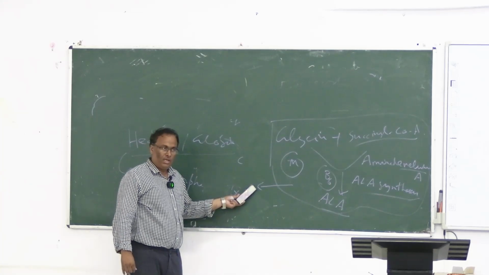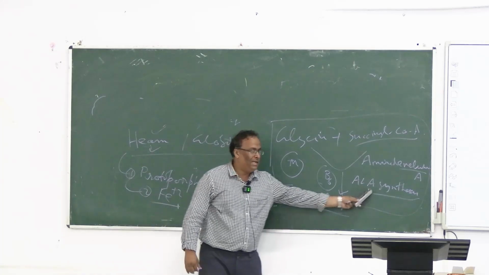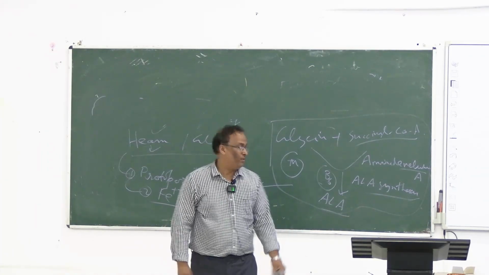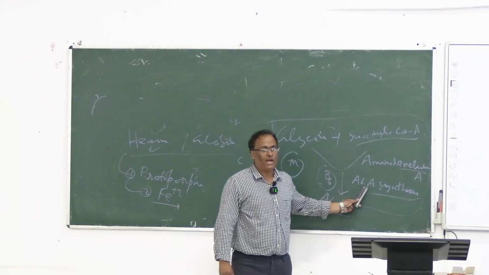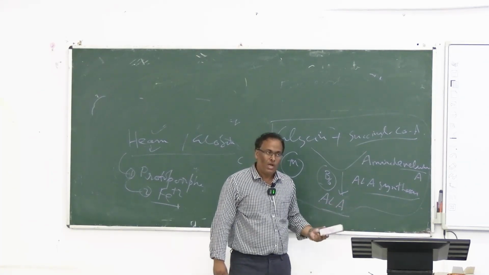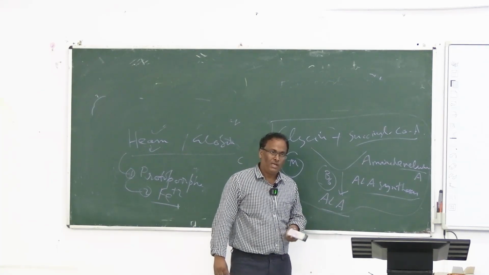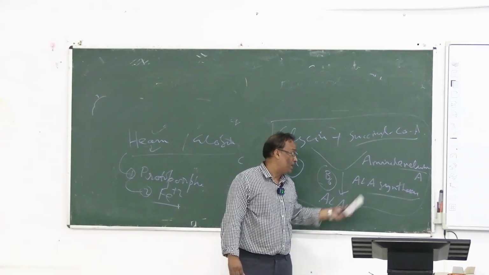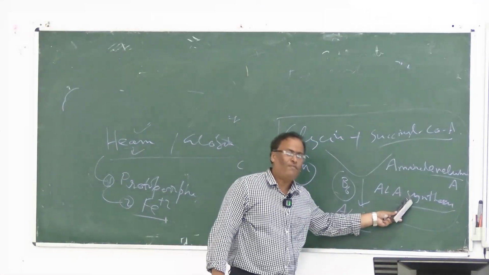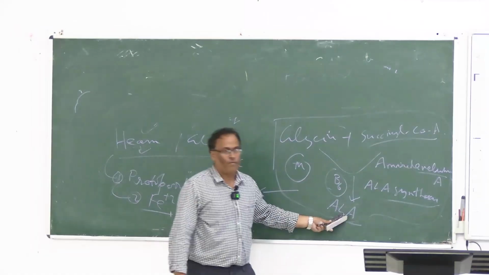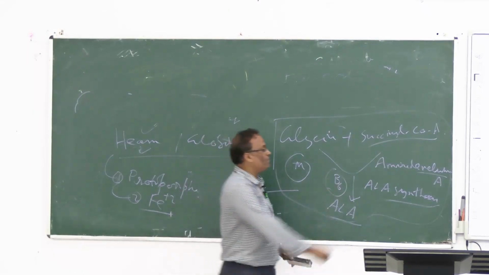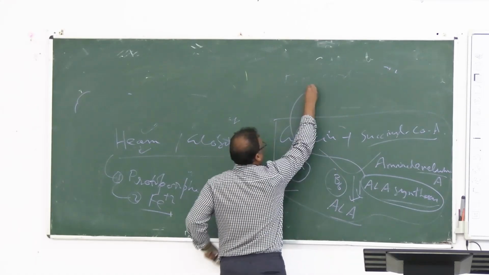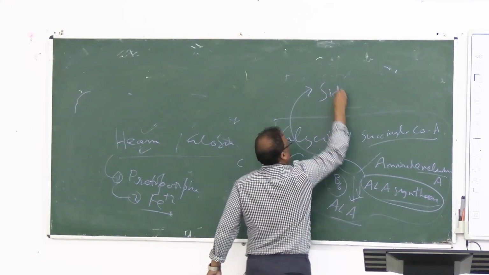Is it understandable? Why did I write the enzyme? If any patient suffers from a deficiency of these enzymes, meaning the protein, there are some chromosomes, there are genes, and genetic mutations happen, so there is absence or deficiency and ALA cannot be formed. If this is deficient, the patient will be said to have sideroblastic anemia.